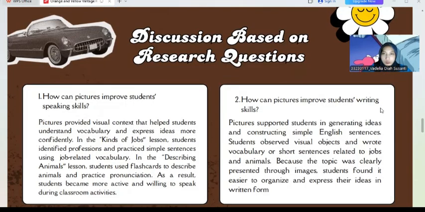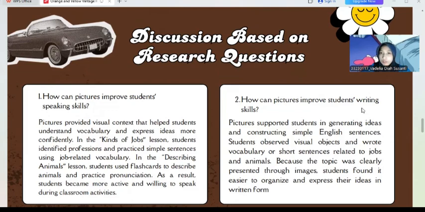The first research question is how pictures improve students' speaking skill. Pictures provide a clear visual context so students can understand vocabulary more easily and feel more confident. For example, during a lesson about kinds of jobs, students learn different professions through pictures.